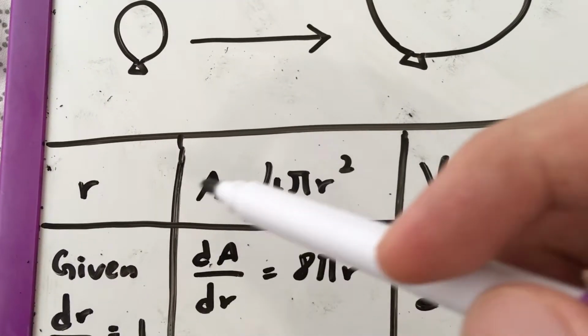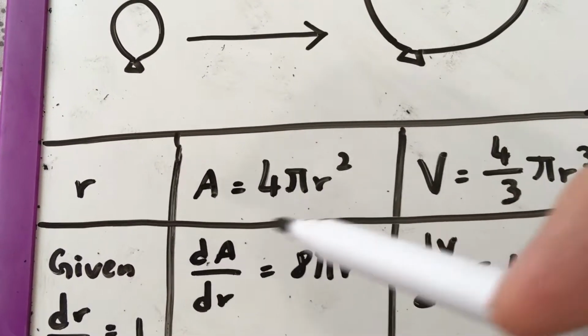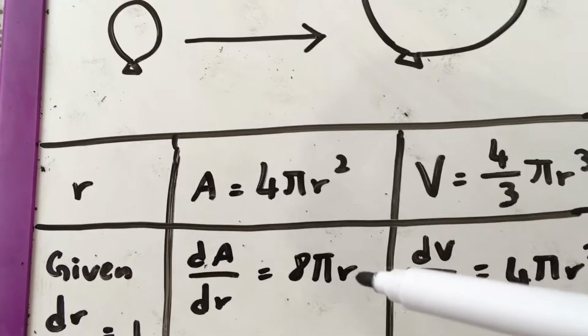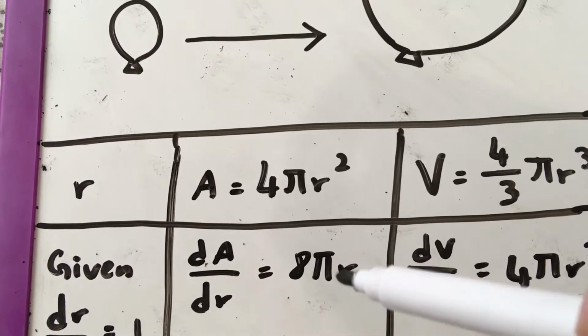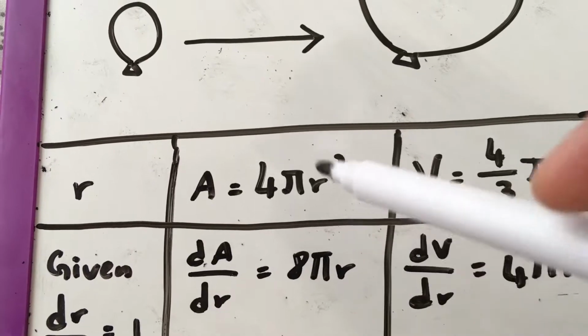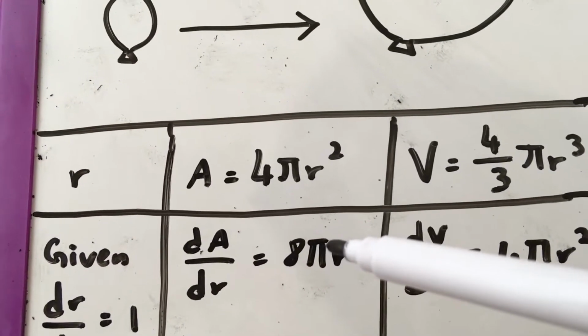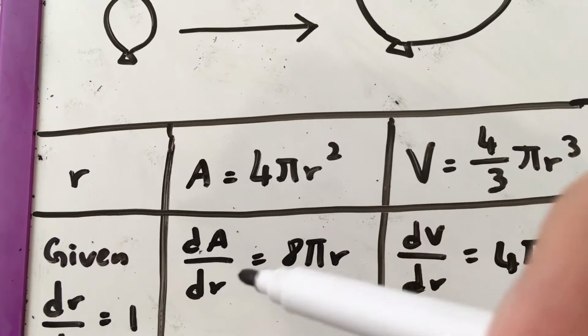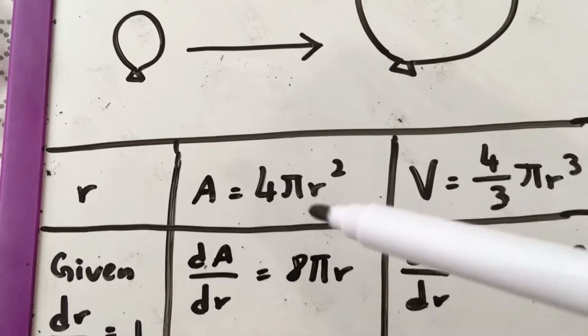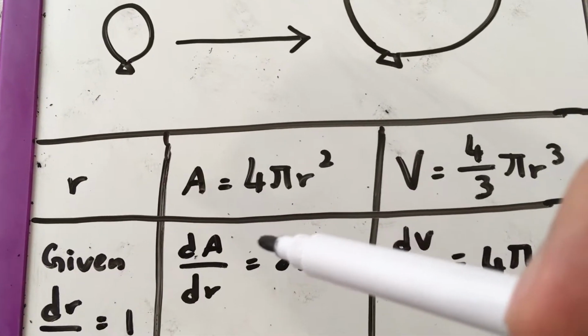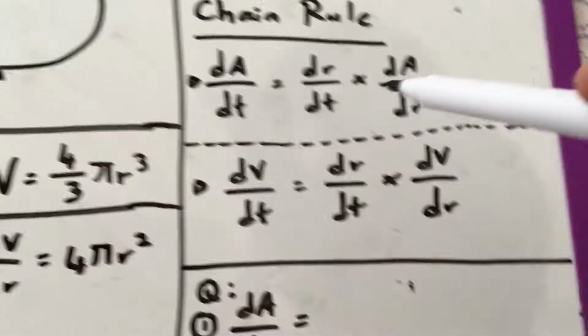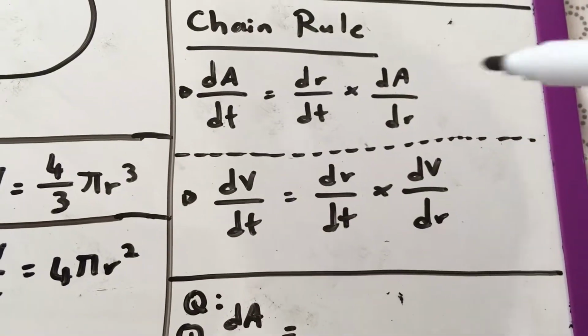So if I differentiate this equation, I'll get this, right? So this says that for every increase of 1 cm in radius, I increase it by 8 pi cm² in surface area, right? So this is dA/dr. The thing is, how do I find dA/dt? So this will relate to your chain rule. Okay, I'll show you this later on.